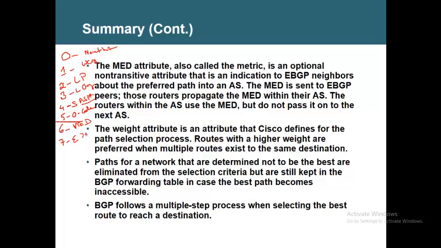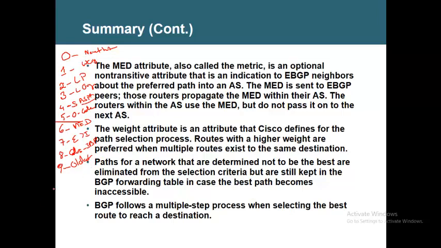If both are IBGP, then it is going to choose the closest IGP neighbor. And if both have the same IGP cost, then it is going to pick the oldest route, the neighbor who gave the route much earlier than the other.